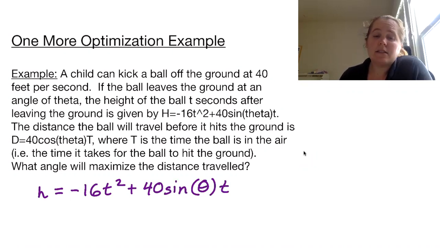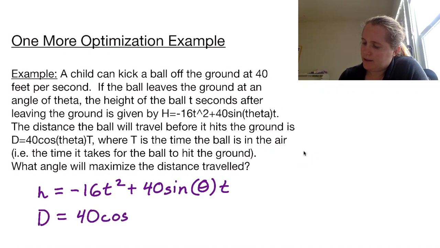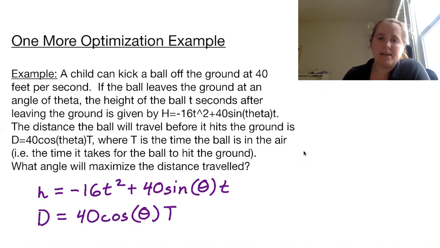And then the distance that the ball will travel before it hits the ground is given by d equals 40 cosine of theta times what I'm labeling as capital T. And capital T is the time the ball is in the air, or the time it takes for the ball to hit the ground. And so we are wondering what angle will maximize the distance traveled.